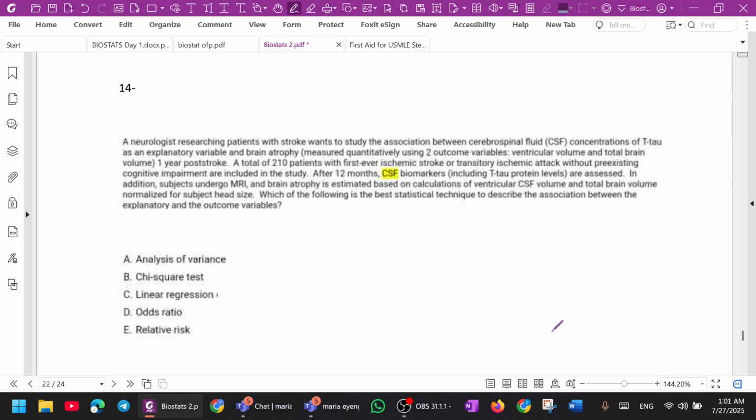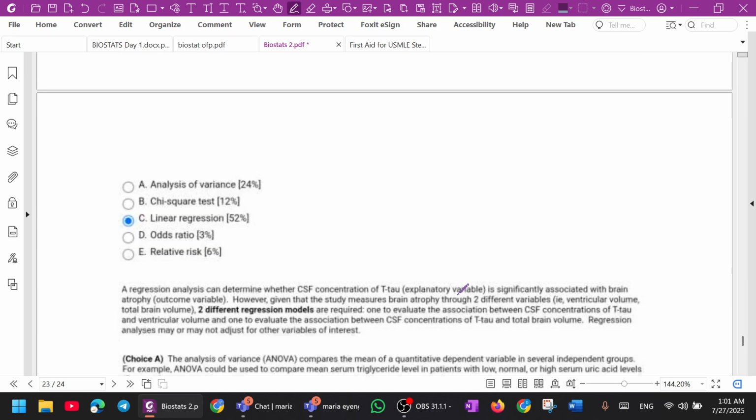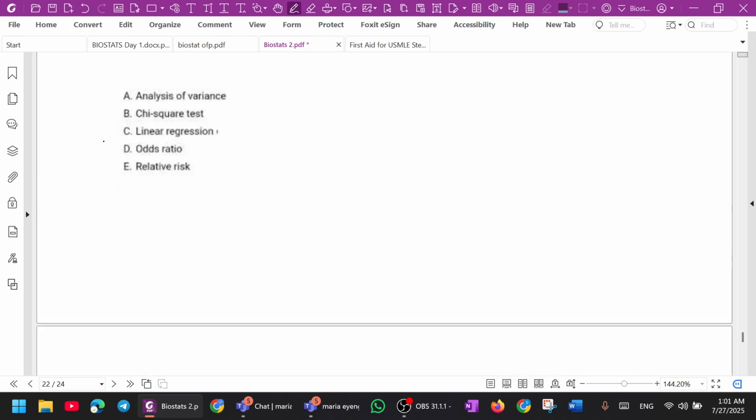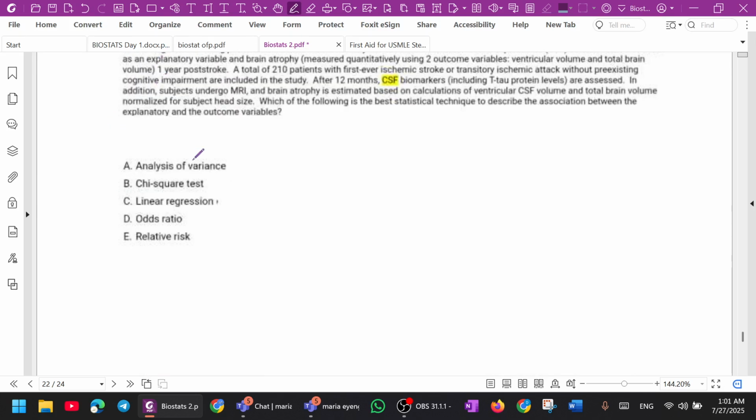We are categorizing the patients with stroke or TIA based on something. I think it may be linear regression.